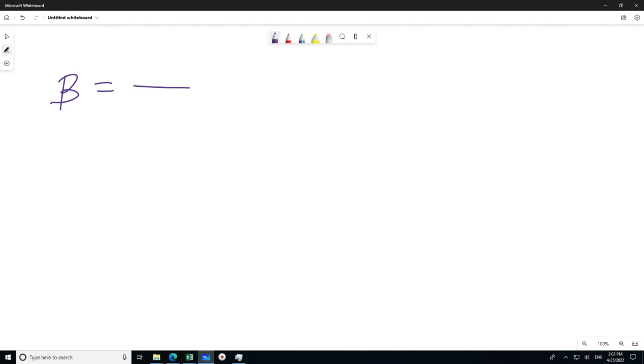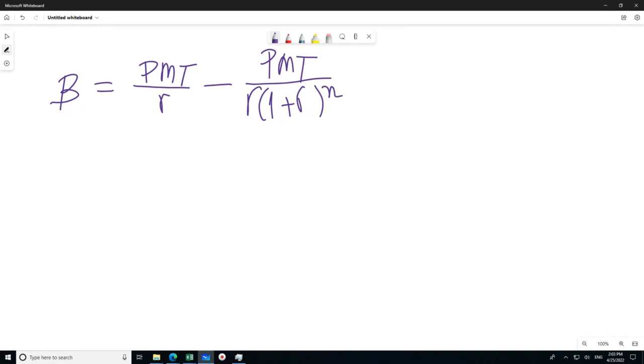The bond pricing formula for a coupon bond is basically coupon payment over R minus coupon payment over R times (1 plus R) raised to N, plus face value over (1 plus R) raised to N. Face value is always $1,000, okay?